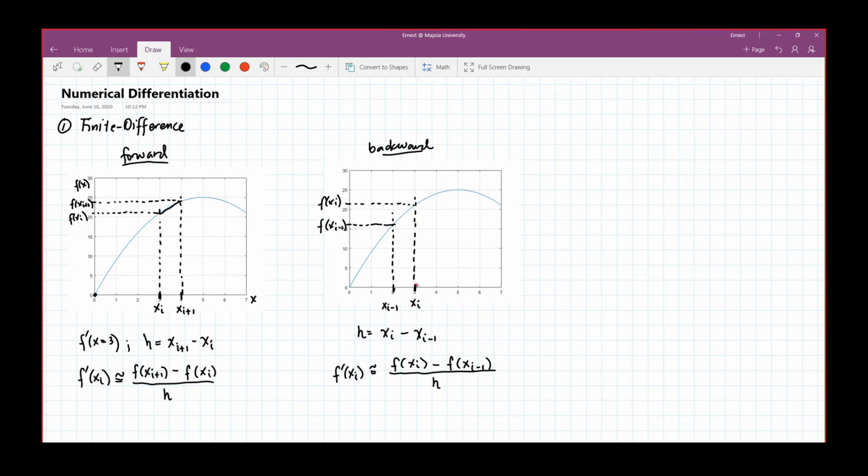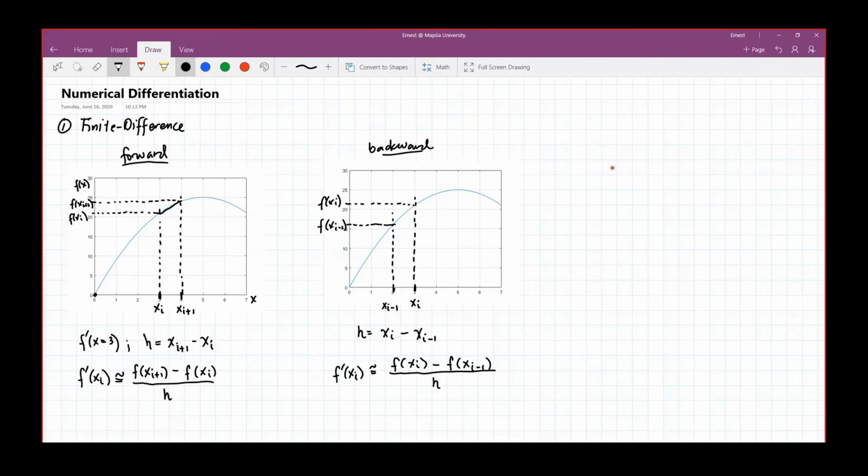Now, this is useful when you want to estimate the derivative at the end of your function, because you cannot use this at the beginning of your function, as there is nowhere to step backward. Same goes for the forward difference: you cannot use it at the end of your function because there's nothing after that end.